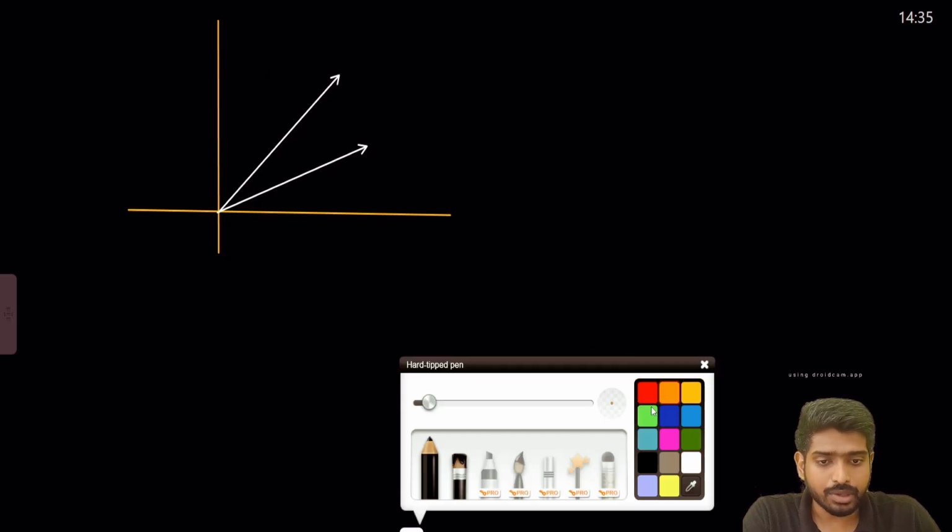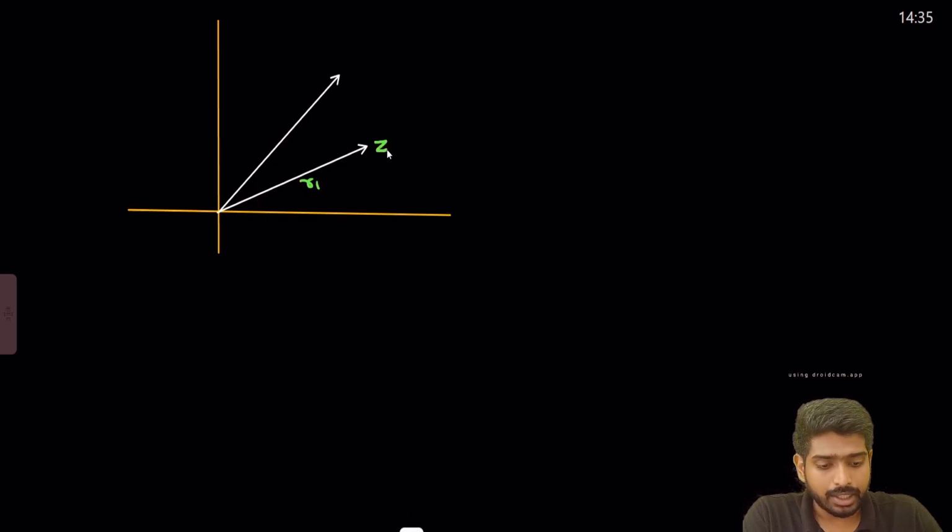The magnitude of this complex number is r1 and its name is z1. Now this complex number they've given is z2, and its magnitude is r2. Got it? Now the angle between both the complex numbers is phi.